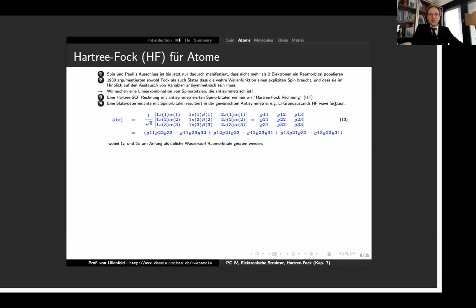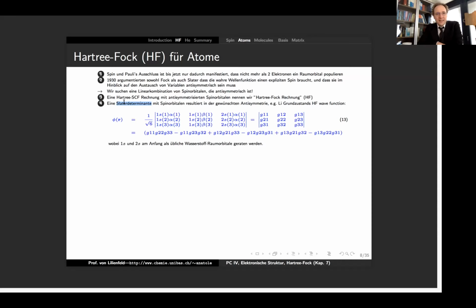And the solution to this question is what's known as the Slater determinant. So this was Slater's proposition. In hindsight, it's a bit surprising that it's called Hartree Fock and not Hartree Fock Slater.